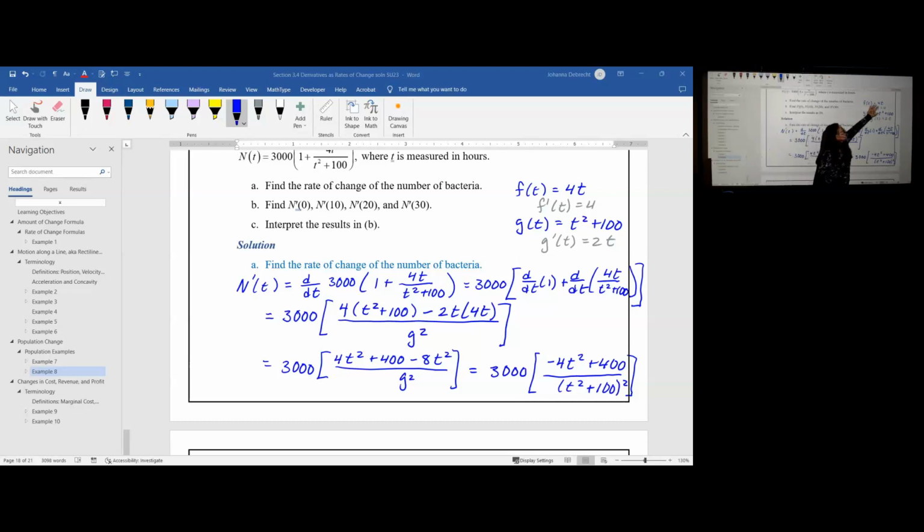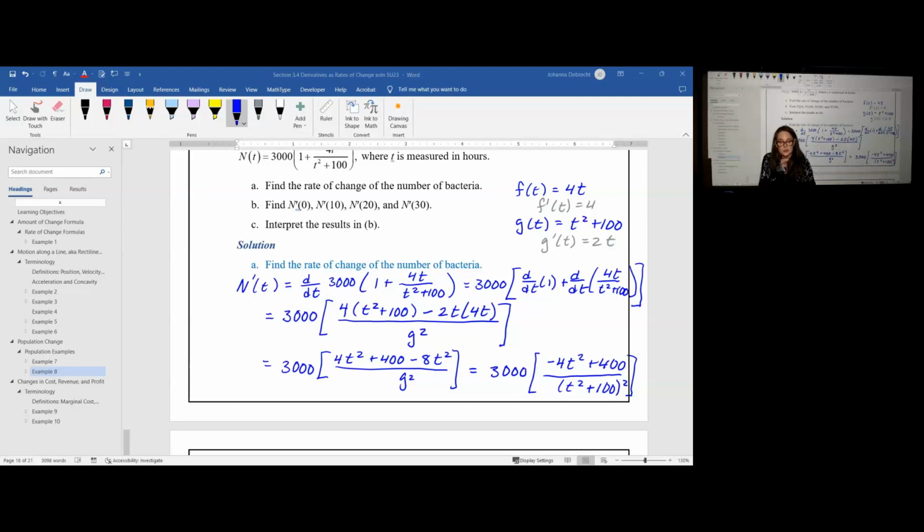F of t is 4t, whose derivative is 4, and g of t is t squared plus 100, whose derivative is 2t. When I work it out, I get 3,000 times the ratio of negative 4t squared plus 100 over t squared plus 100 squared.